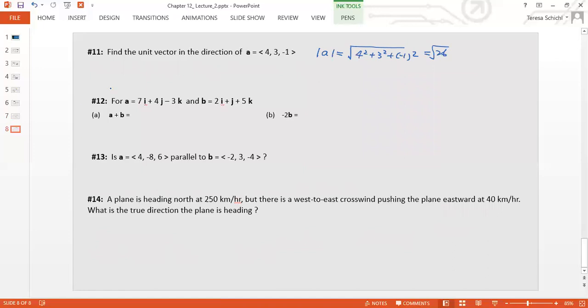Then the unit vector will just be the A vector divided by the length. So this unit vector will be 4 over square root of 26, 3 over square root of 26, and -1 over square root of 26. Take a look, they differ by a constant.